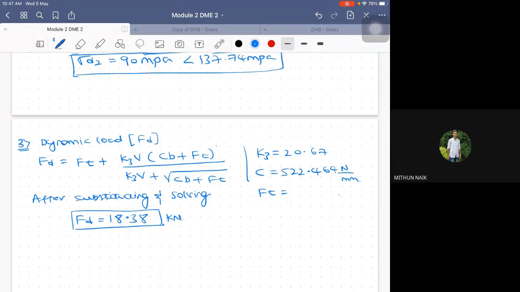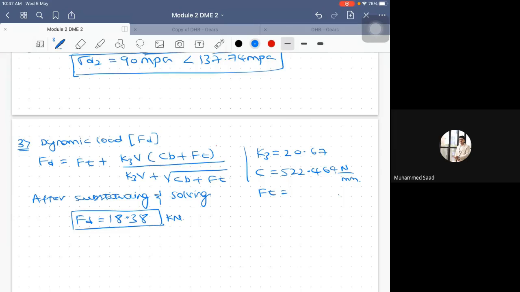So either you can call it load or you can call it strength. Whether you calculate endurance strength, wear strength or dynamic strength, which value has to be lower when compared to FD? So FD has to be lower, isn't it? I told you in the last class.